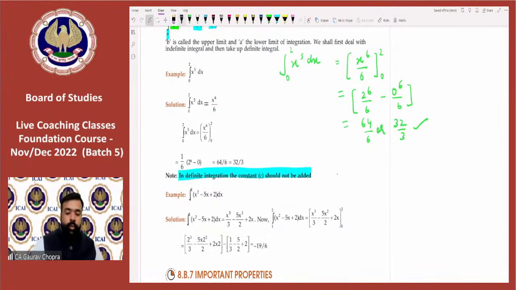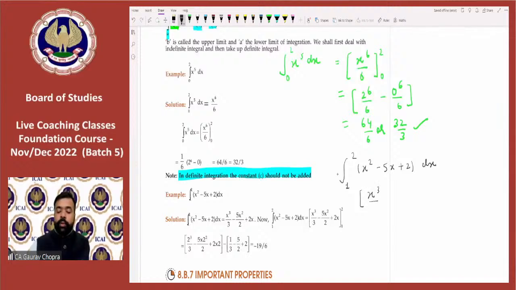So let's try another one. This time the limit is from 1 to 2, and the integrand is x square minus 5x plus 2, dx. So the first step is to integrate them. Let us integrate. x square will become x cube upon 3, minus 5x square divided by 2, and then 2 will become 2x, applying the limit from 1 to 2.